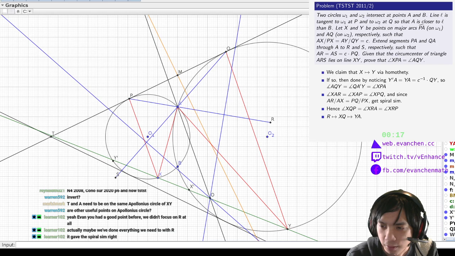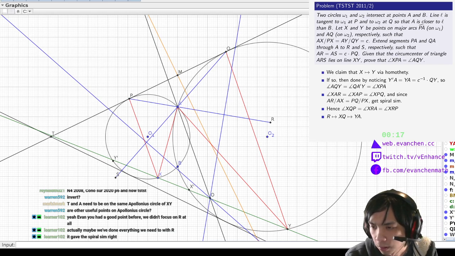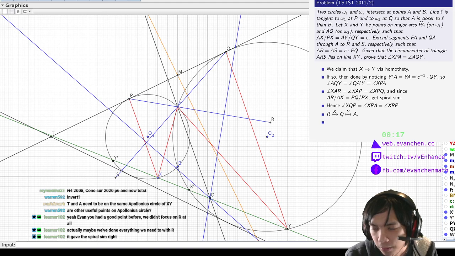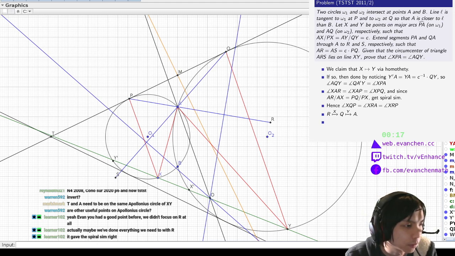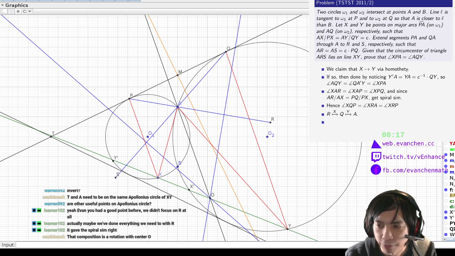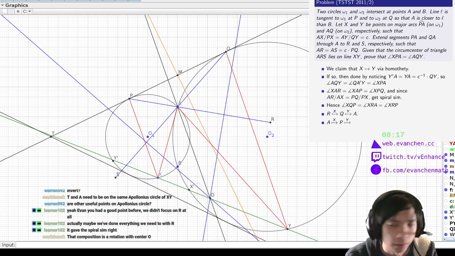No, at X. Okay, so R maps to, I guess, R Q A. Meanwhile, S maps through X to nowhere. Okay, well, shoot. A maps to P. Where does that map through Y? To S.